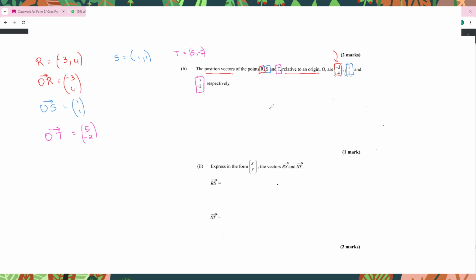Right? So the first part, they said, express in the form XY the vectors RS and ST. Right. So let's take a look at the first one, which is RS.